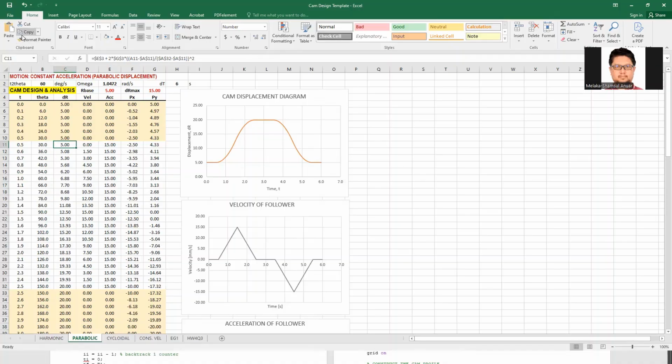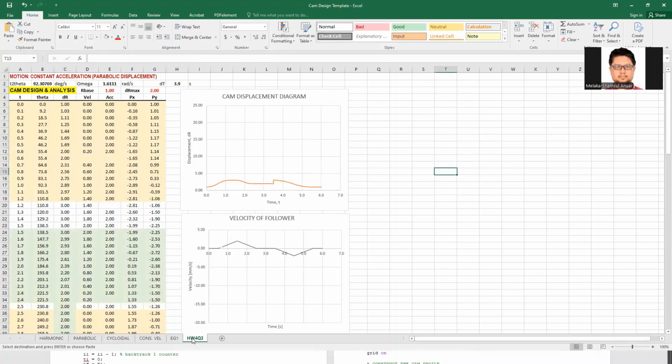So I'm gonna just copy that and go to our main tab. So you go to that cell for dr, and we know it's supposed to start from 0, time 0 or theta 0. And then you just paste it there.